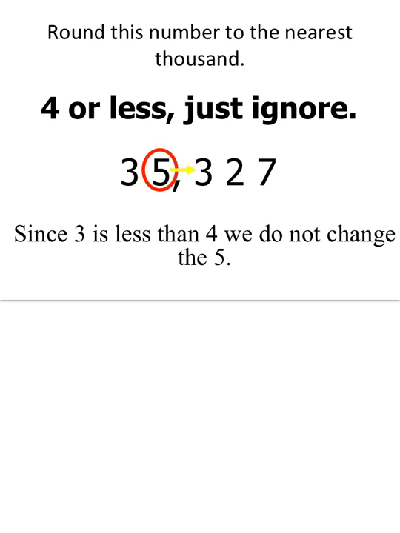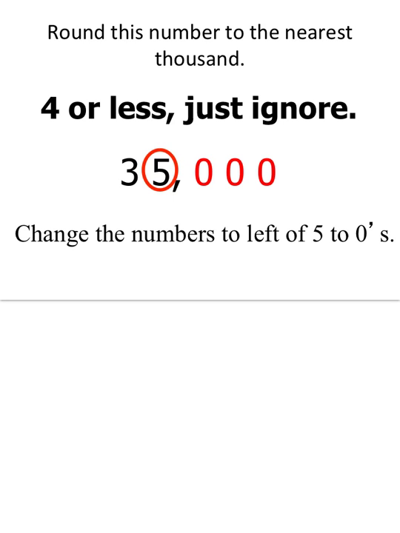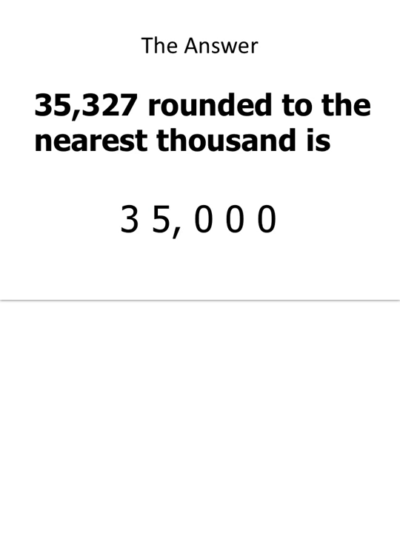If you think back to the poem, 4 or less, just ignore. Since the 3 is less than 4, we can just ignore it. We don't have to change our 5 at all. The 5 stays the same. But don't forget, all the digits after the 5 turn to zeros. So the answer, 35,327 rounded to the nearest 1,000, is 35,000.